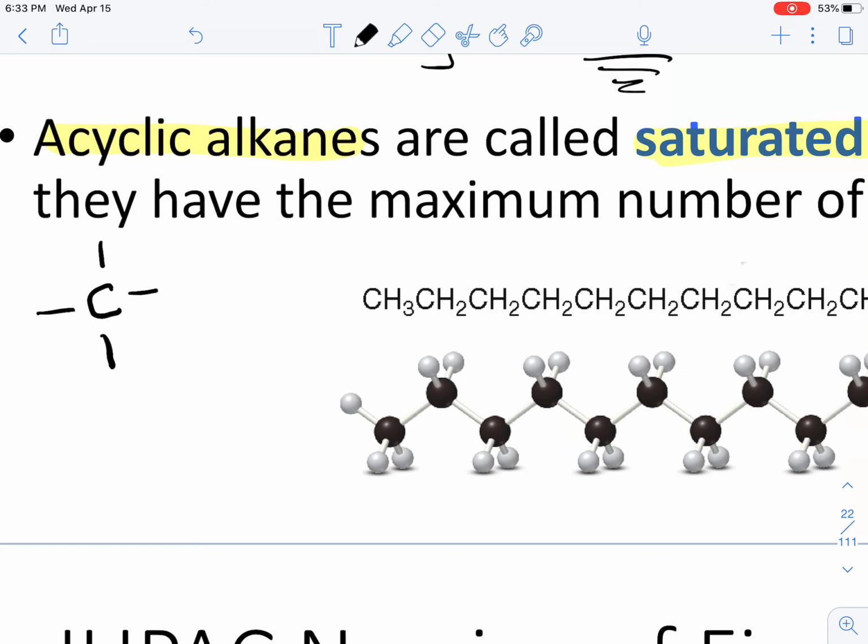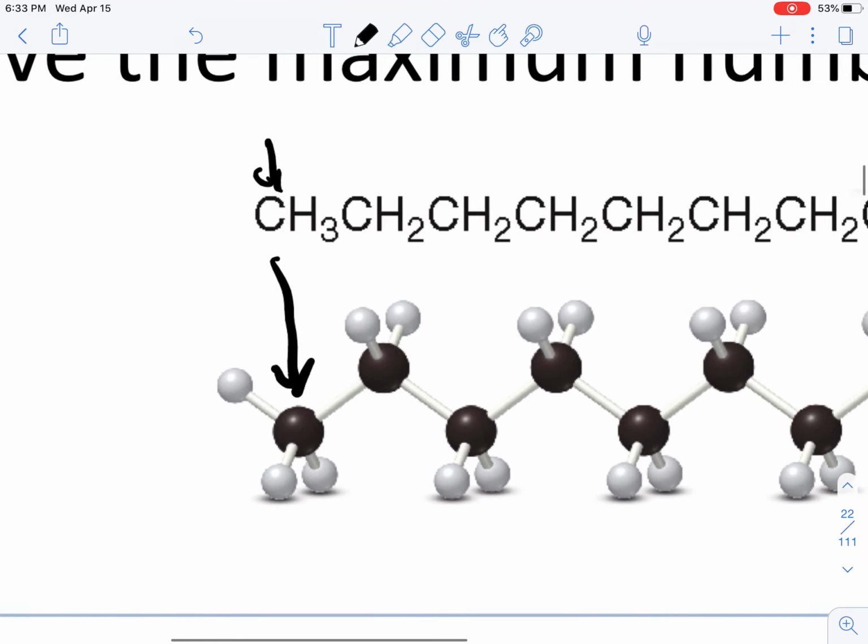And so if you are looking at this carbon, which represents this ball and stick model, notice that I'm going to zoom in here, it has 1, 2, 3, and then 4 at the very back.